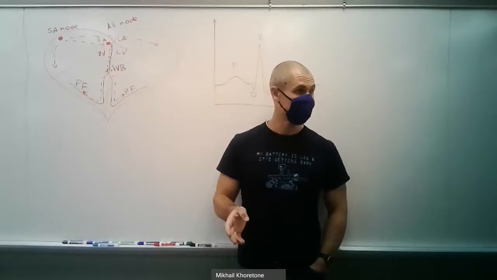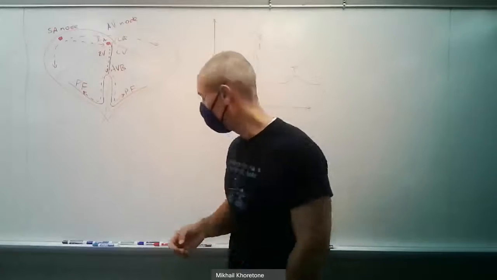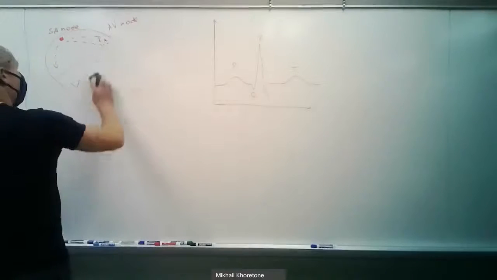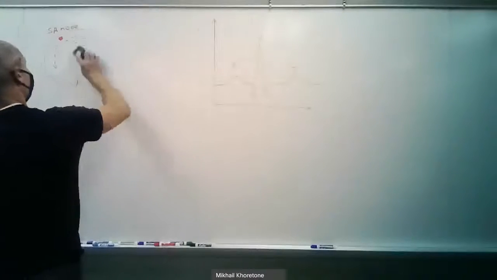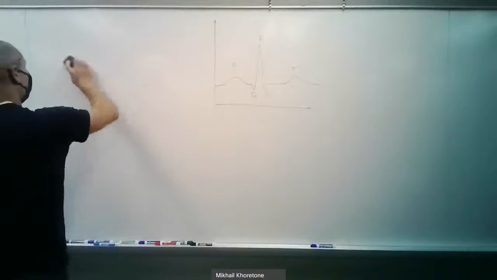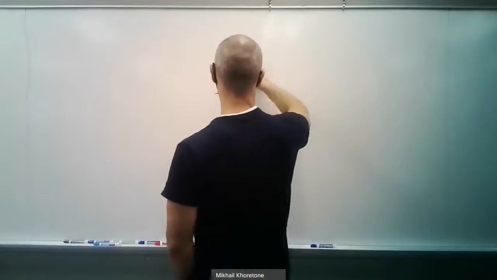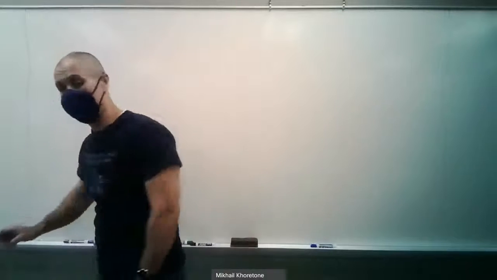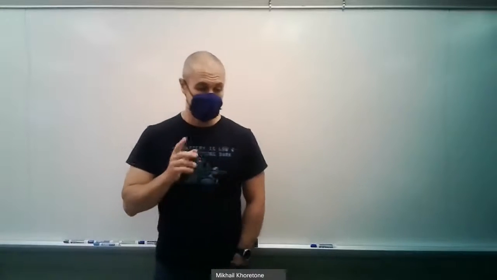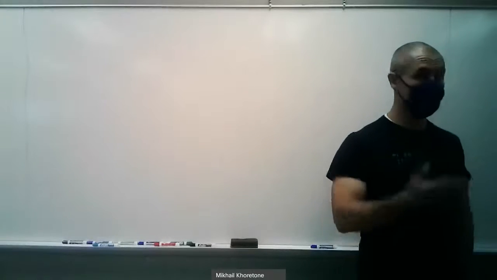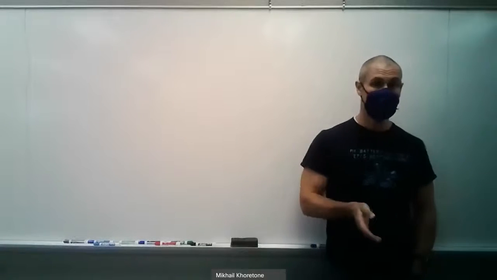Are we clear? Okay. So I'm going to make an attempt to draw this step by step. The tricuspid valve is between the right atrium and right ventricle.